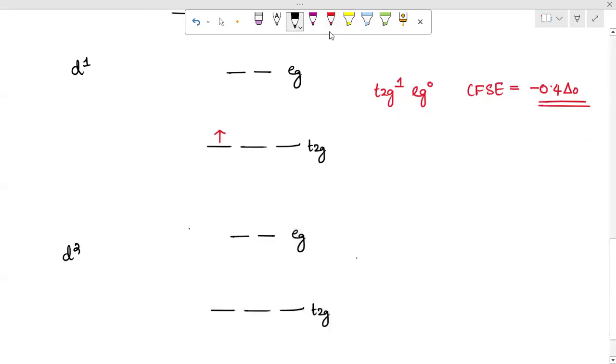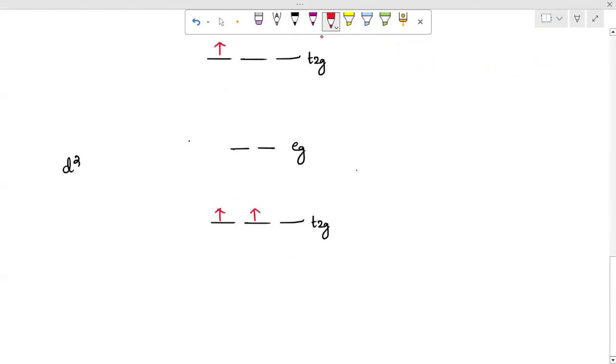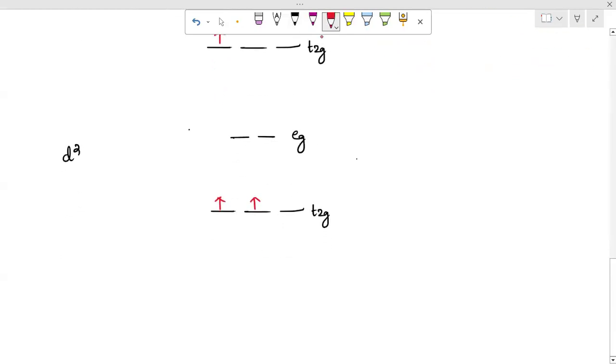So in d2 also, you have just two electrons occupying t2g. As a result, the configuration is t2g2 eg0. And the CFSE over here is 2 into minus 0.4, which is minus 0.8 delta O. Right.